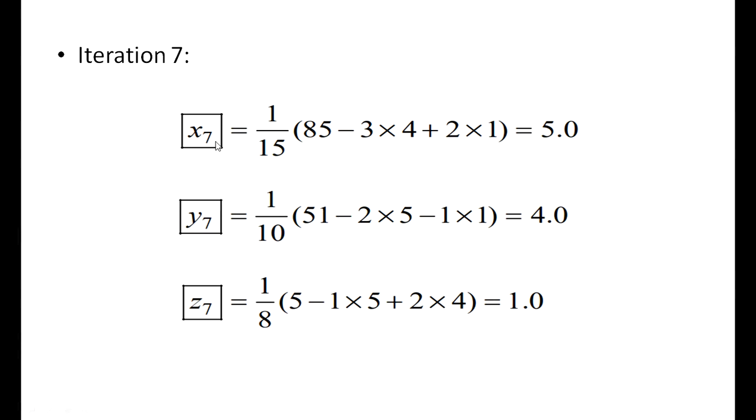As you can see, the value of x6 is equal to x7 is equal to 5. The value of y6 is equal to y7 is equal to 4. The value of z6 is equal to z7 is equal to 1. Here we are getting constant answers. That's why we can say the value of x is equal to 5, the value of y is equal to 4, and the value of z is equal to 1, because we are getting the same converging answers.